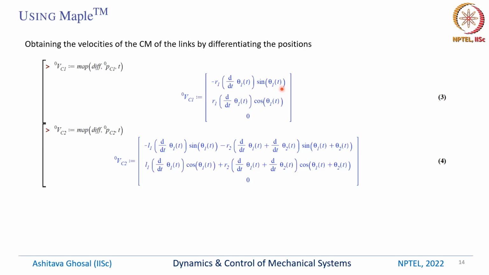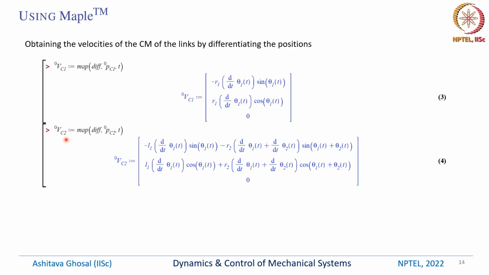The x coordinate was r1 cos theta 1, the y coordinate was r1 sine theta 1. So it does this differentiation symbolically, and it will give you minus r1 theta 1 dot sine theta 1 in this form. Similarly, the y component was the derivative of r1 sine theta 1, so you will get r1 theta 1 dot cos theta 1.